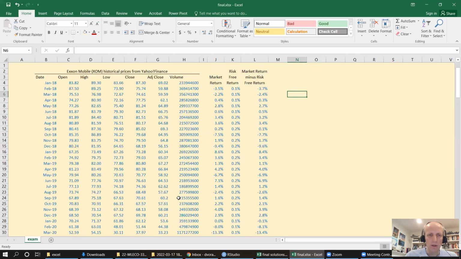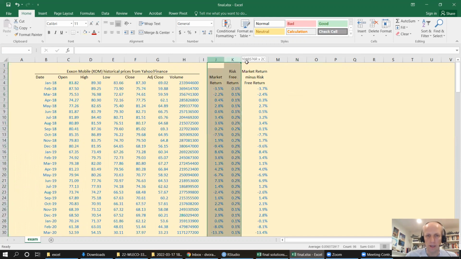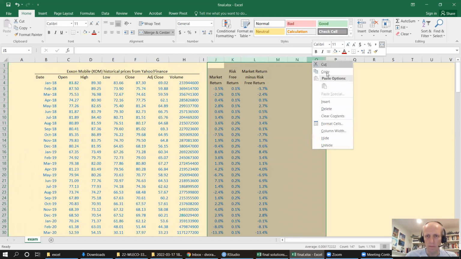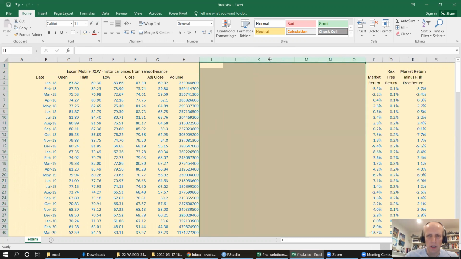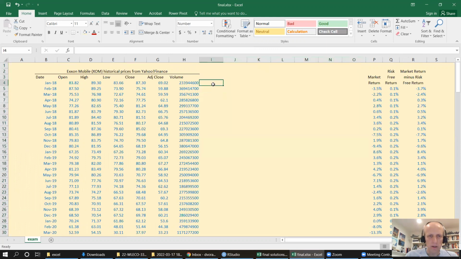So we're definitely going to need to calculate return on Exxon. So let's insert a couple of columns here so that we have a nice space, a little wider. And first, let's calculate the total return on Exxon.